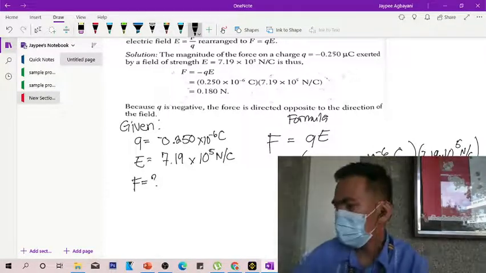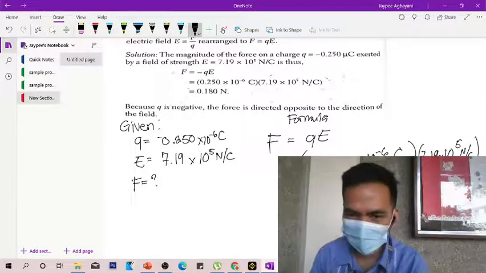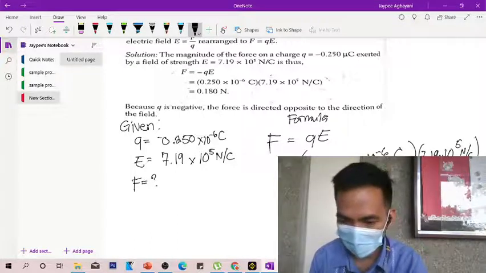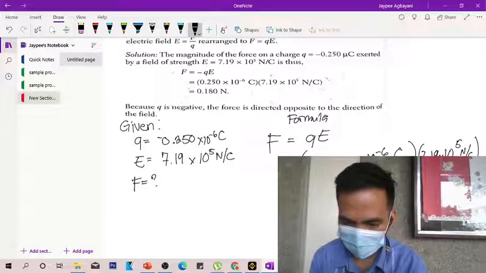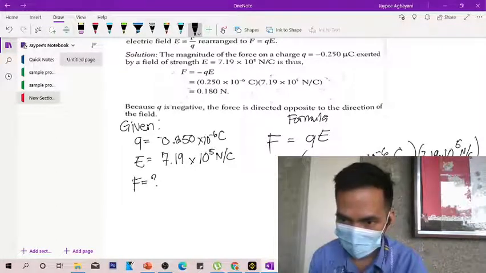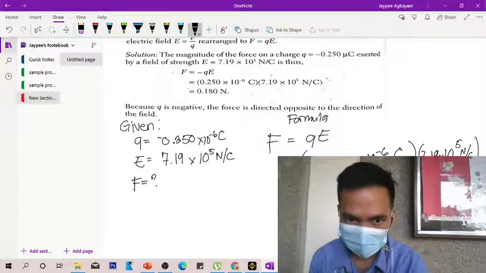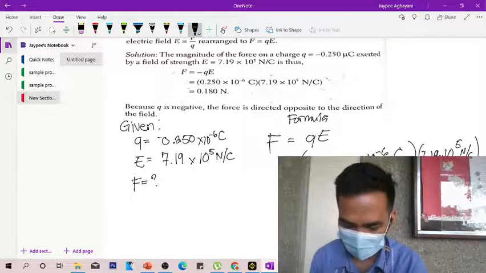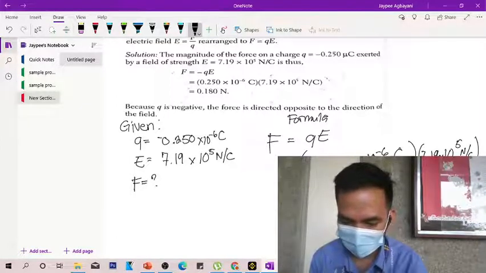Let's try to solve that on the calculator: 0.250 or 0.25, exponent or times 10 raised to negative 6, multiply 7.19 exponent positive 5.